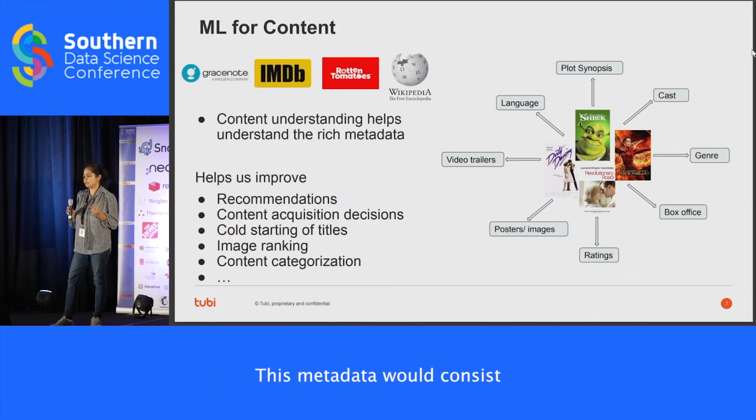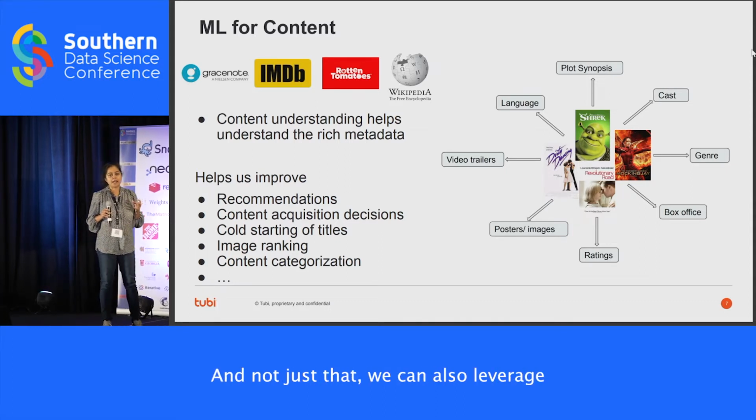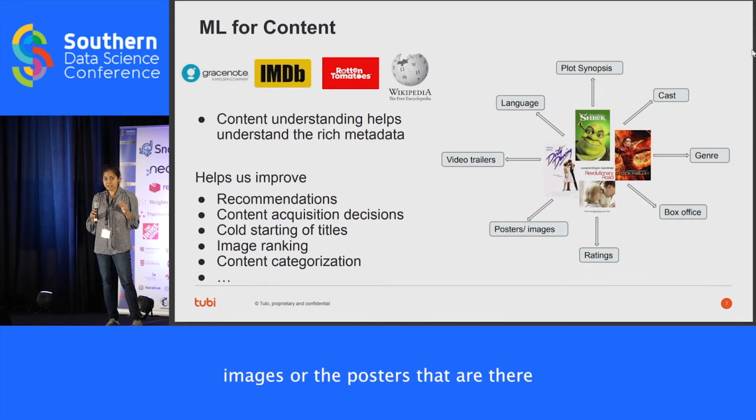This metadata could consist of plot synopsis, cast information, genre information, box office information, ratings, even the language of the movie, and not just that, we can also leverage images or the posters that are there for each and every movie, and the video trailers, and even the videos themselves. So content understanding is basically about understanding all this rich metadata that is associated with a content.